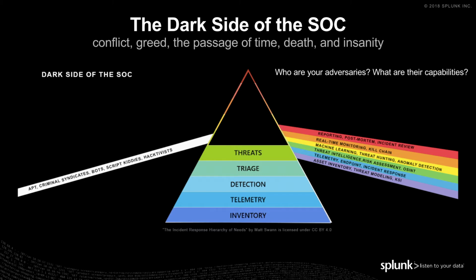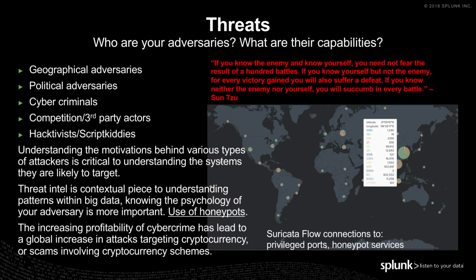So threats. Who are your adversaries and what are their capabilities? Depending on your enterprise, these could be any of these on the list or not, absent from this list, right?